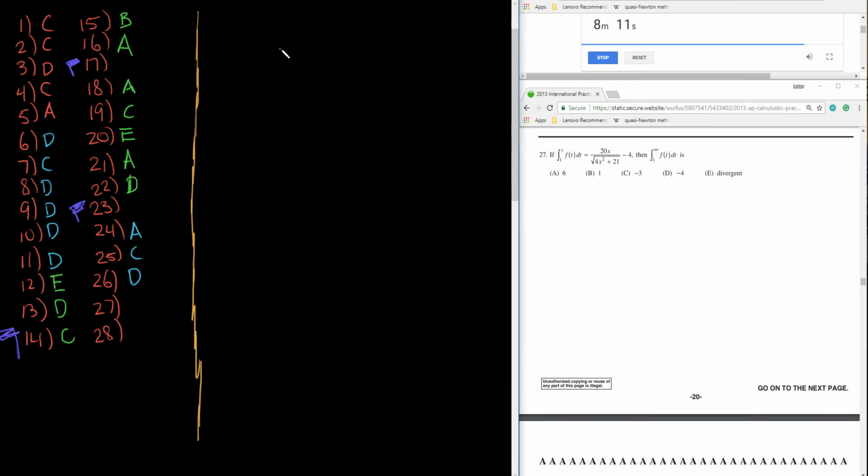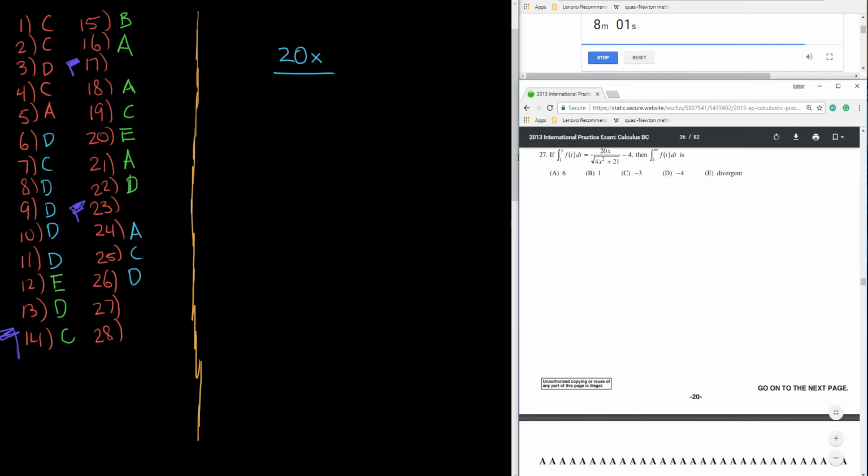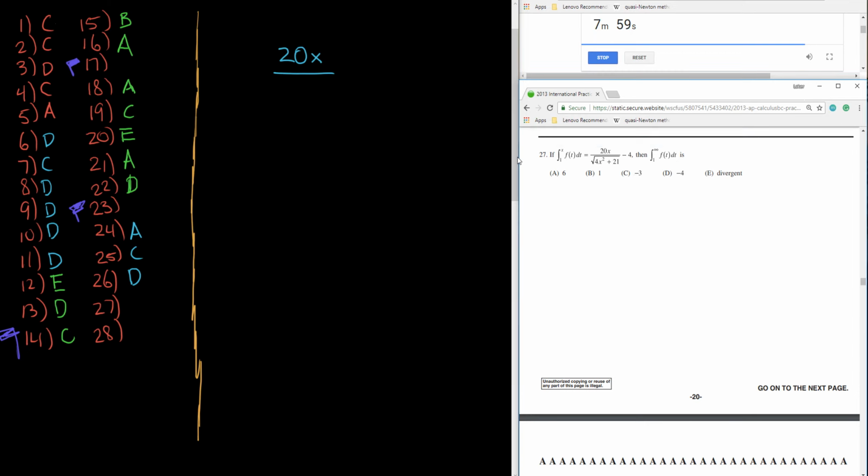We're going to see 20x, and as this goes to infinity, the plus 21 in the square root won't matter, and actually it won't be what I just said. It'll be something else. So it'll be a. The plus 21 won't matter, so we're going to have the square root of 4x squared, which is the same as 20x divided by 2x, right?